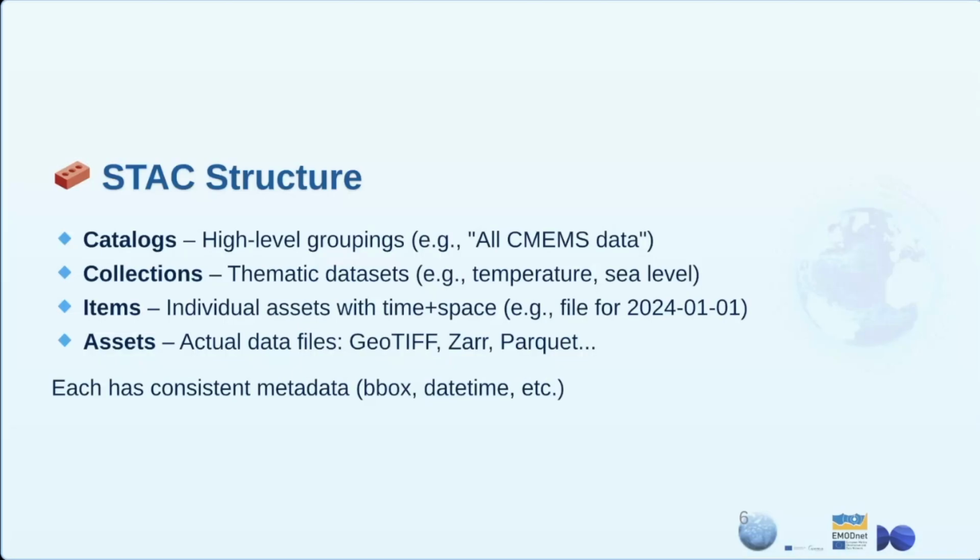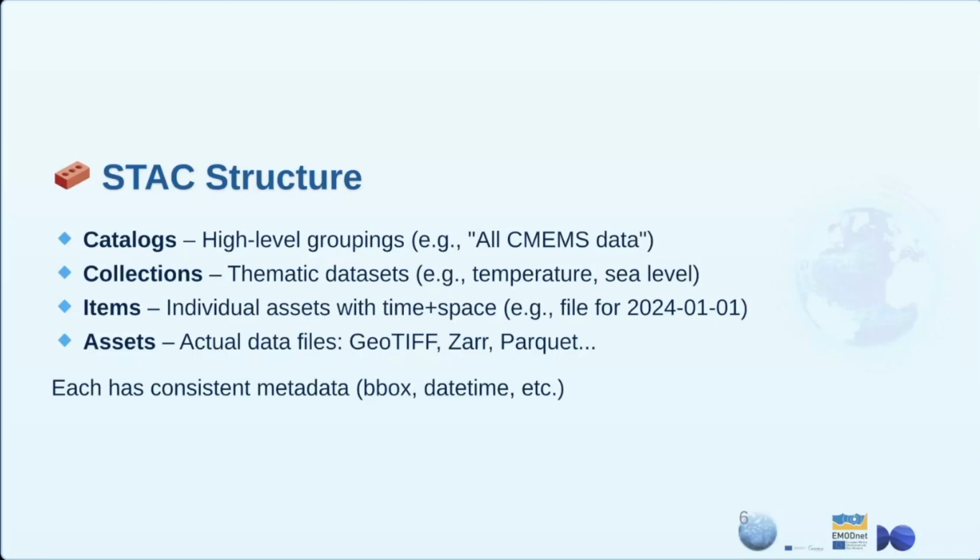Inside the collections you have items, and these are pieces of continuous data in those collections. So I'm looking for dissolved oxygen in the Mediterranean Sea between 1990 and the year 2000. And then I will find the items that will offer me that kind of data. That's the idea behind it.